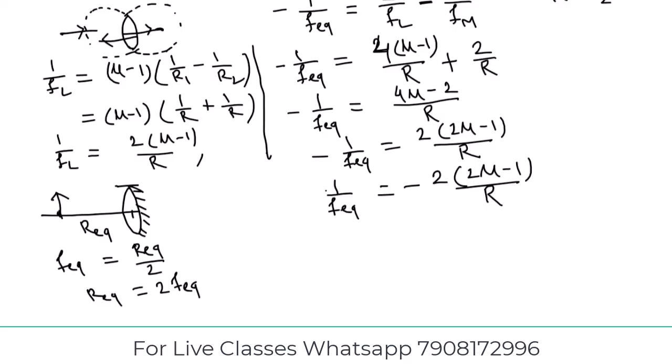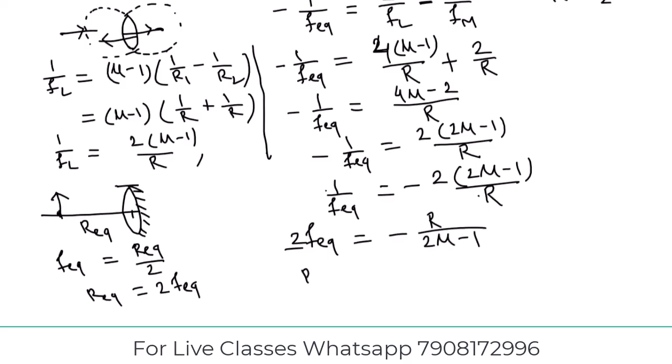So we have to find r equivalent, that is twice f equivalent, which is equal to minus r divided by 2 mu minus 1.